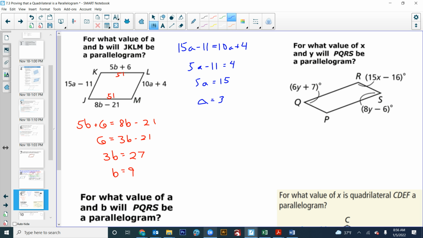So we got 34 here, and 34 there. So I would say for my answer, A is 3 and B is 9. Those are the values of A and B that would make it a parallelogram. Okay? If A or B are any other values, it's just a four-sided polygon.